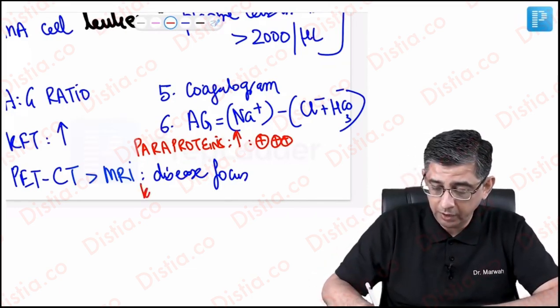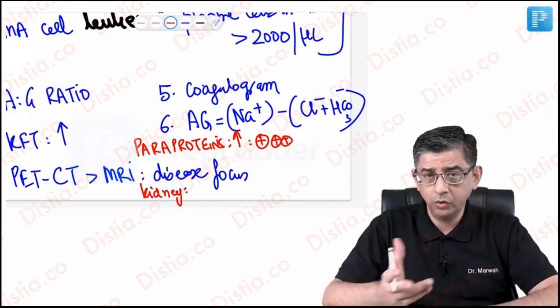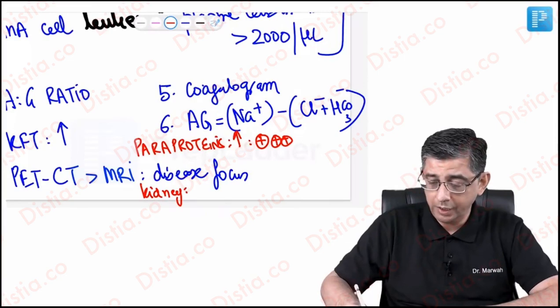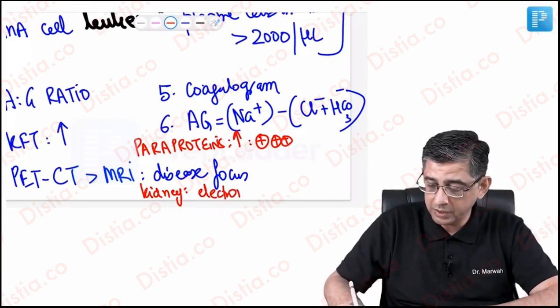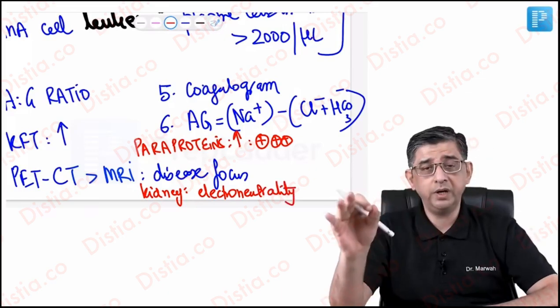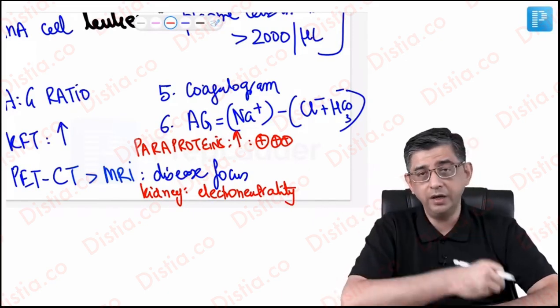So now the kidney will act like a protective mother, and this kidney is going to say, oh, there are so many positive charges, let me try to neutralize them by increasing the negative charges in the body. One of the basic functions of the human kidney is to maintain electroneutrality.